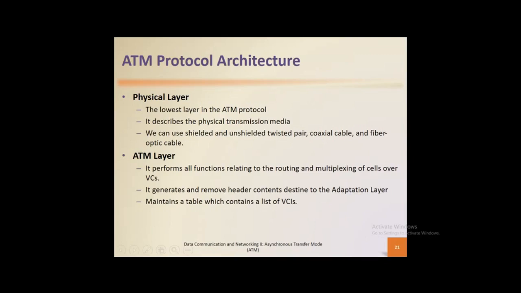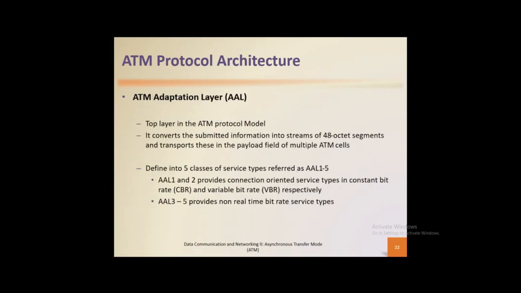Great. And then the adaptation layer would probably be the top layer that we have. That's where the information or data submitted is converted to various streams of 48 octet segments into the payload, and then transported in the payload field for various ATM switches that need to carry the information across.